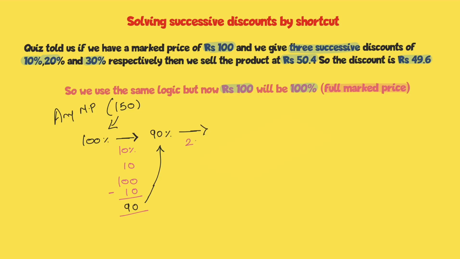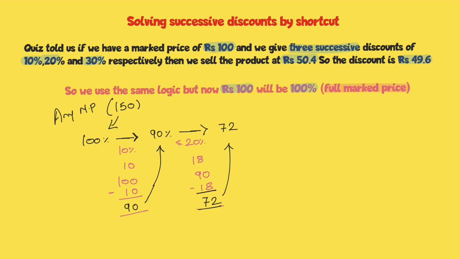Next, I give a discount of 20% on the price which is already discounted by 10%. So 20% of 90 is nothing but 18. I give a discount of 18% on 90%, so 18 is subtracted from 90. What do you get? 72, which means 72% of the mark price is left right now.